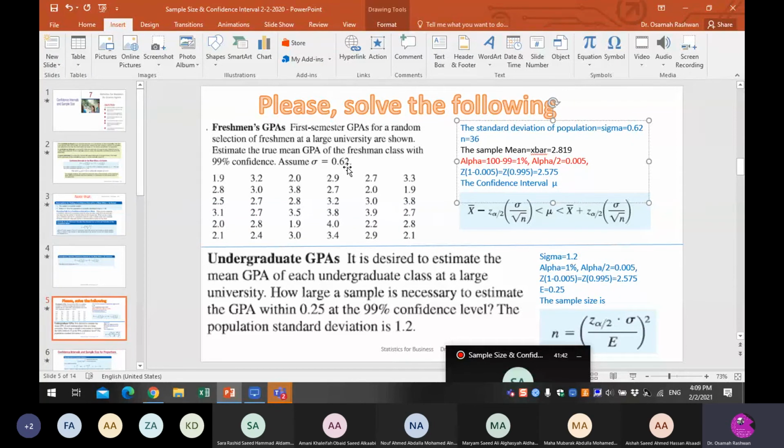Sigma is 0.62 divided by the square root of n. n is 36. So what is the value? 2.77. And the right hand side?